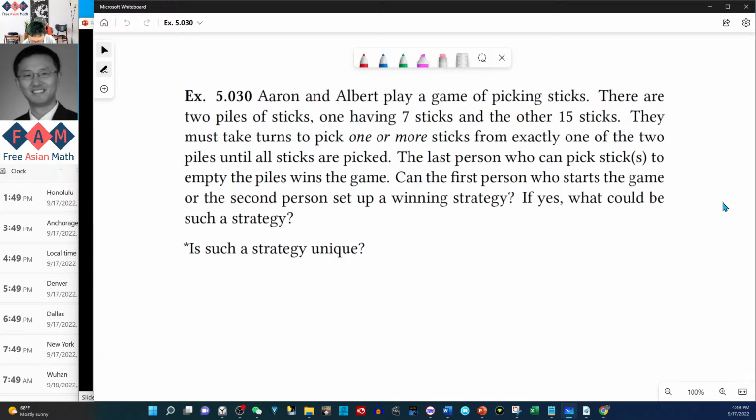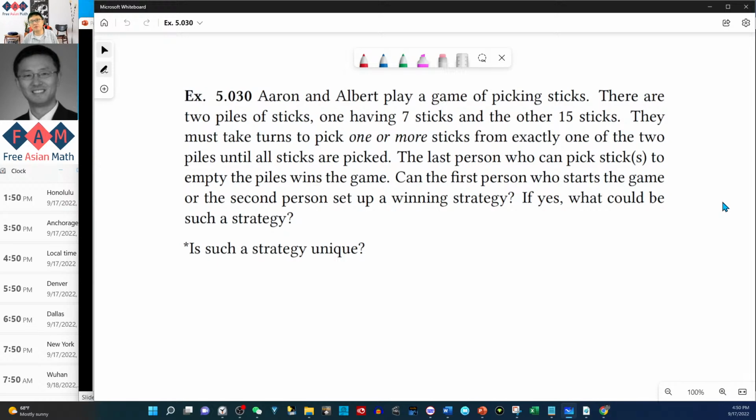That's the rule. And how do we know who will win? The last person who can pick sticks to empty the piles, meaning that this person will pick some sticks, then nothing left. If that's the case, this person will win. So the question is: can the first person starting the game, or the second person, win by setting up a winning strategy?